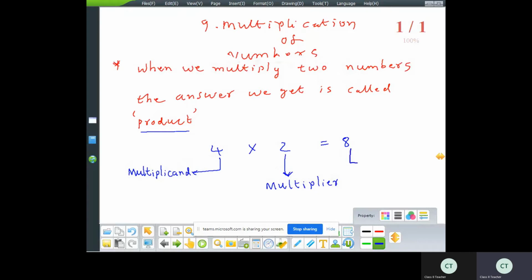And 8 is called product. 8 is called product, means answer. Multiplicand, multiplier, and product. 4 times of 2. Sometimes this cross symbol is called into. Cross symbol also called as into.